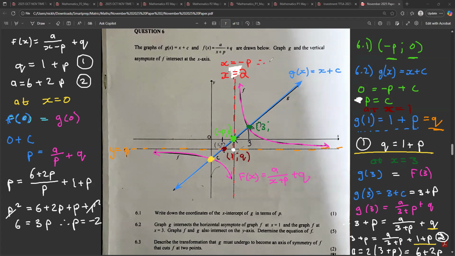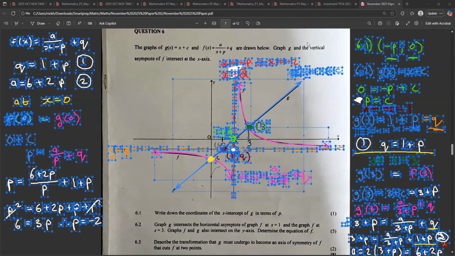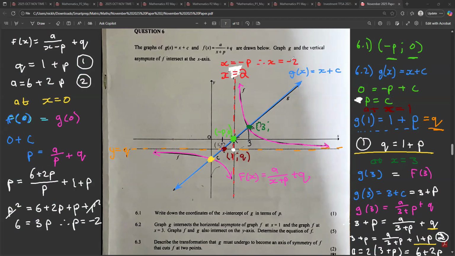So therefore x would equal -1 times -2, giving us 2. That makes sense because this is 1 here. The x value of the brown thing is 1. The x value of the green thing is 3. And so this is 2, which we knew intuitively, but we had to prove it.